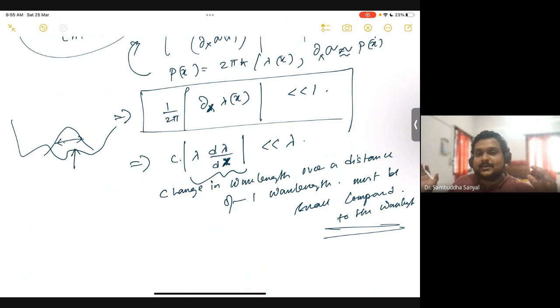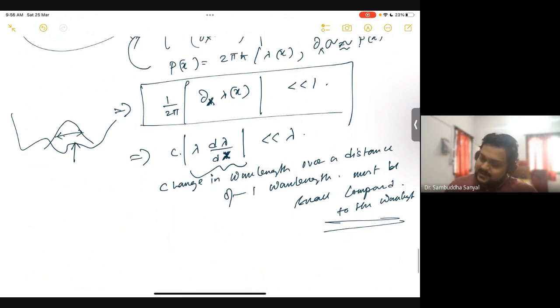Now you might say, I am putting the criteria in terms of the solution, but I don't want the criteria in terms of the solution. I want the criteria in terms of the problem. Lambda is a property of the solution, not a property of the Hamiltonian. So I want to convert this into a property of the Hamiltonian. What do I use?